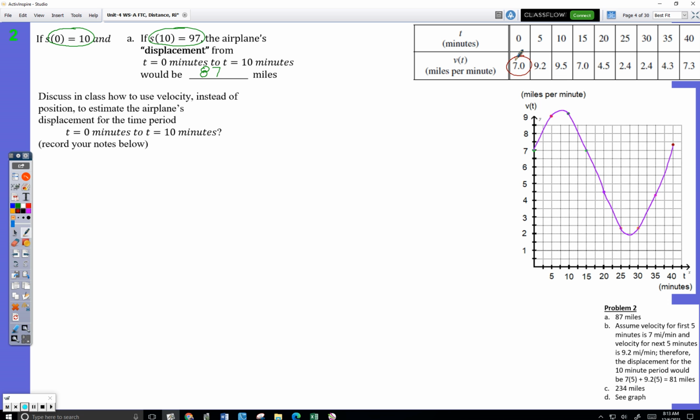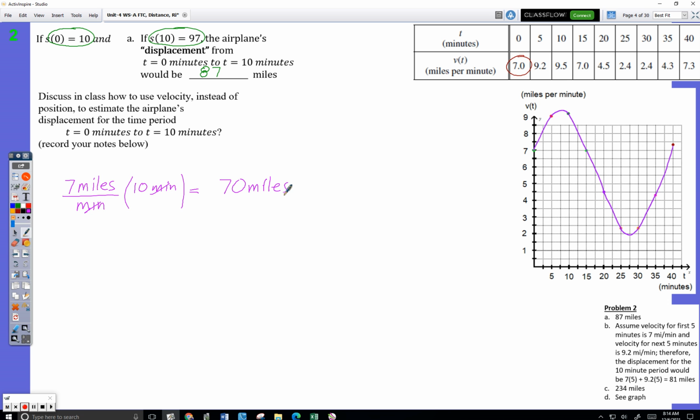For every 1 minute, the plane goes 7 miles. It's that simple, 2 for Benji. For every 1 minute, the plane goes 7 miles, okay? So, if I take 7 miles per minute, and I multiply by 10 minutes, the units of minute divide out, and because the plane went 7 miles every minute, in 10 minutes, the plane will change its position by 70 miles.